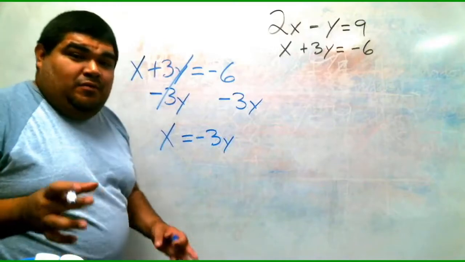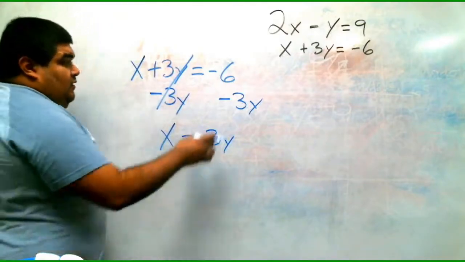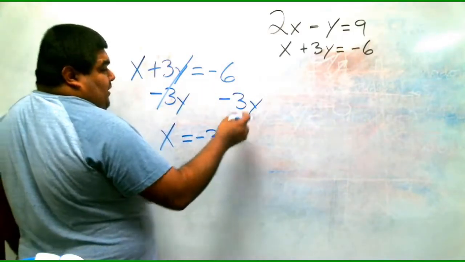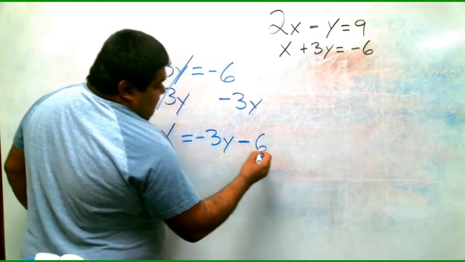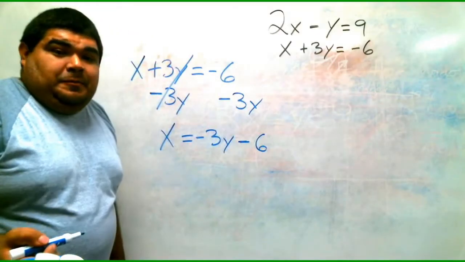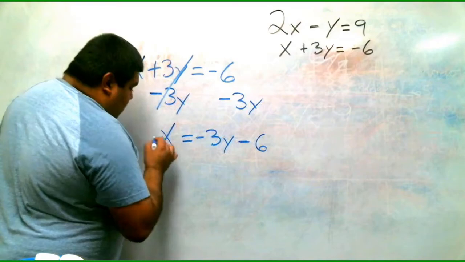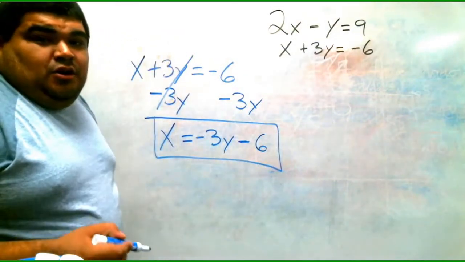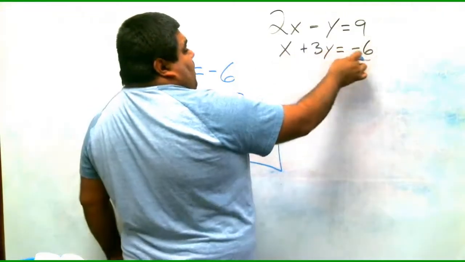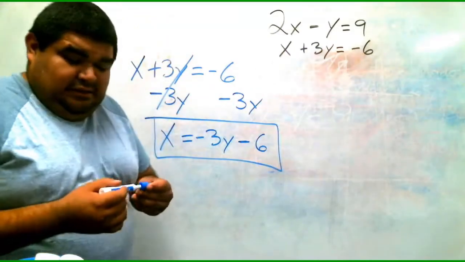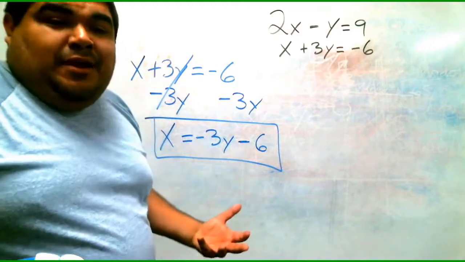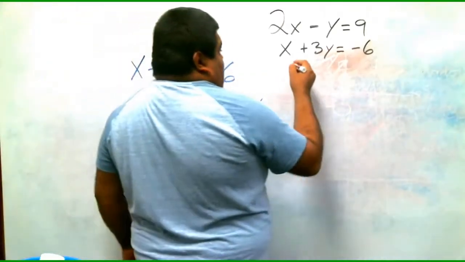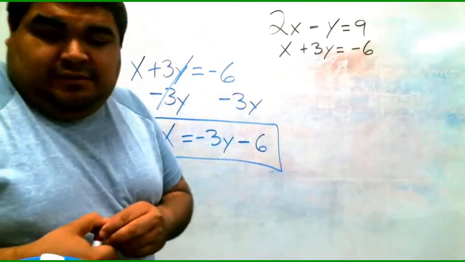Always put the variable first and then the constant at the end, okay? They cannot combine because one has a variable, one doesn't. So it's negative 3y minus 6. Don't forget the one you had before, okay? So this is our new problem. Instead of having x plus 3y equals negative 6, our new problem now is, let me cancel that one out.